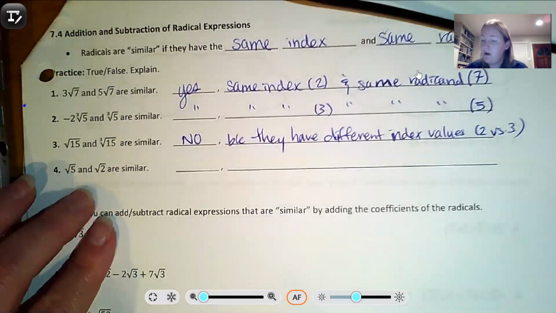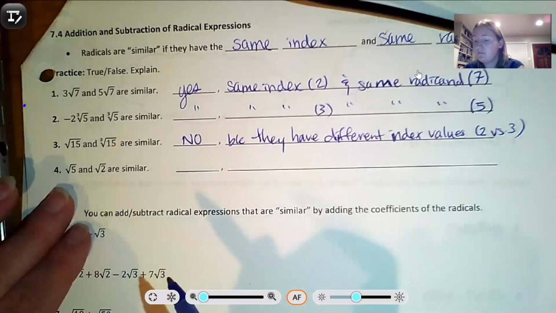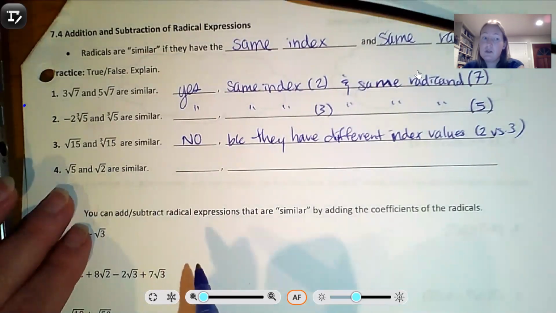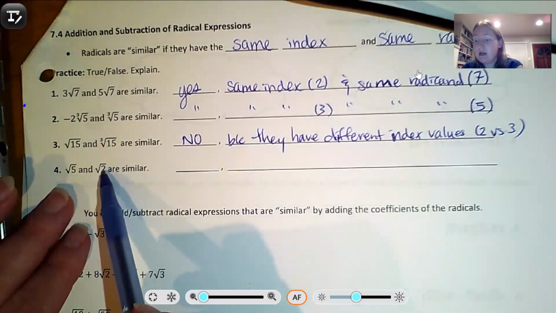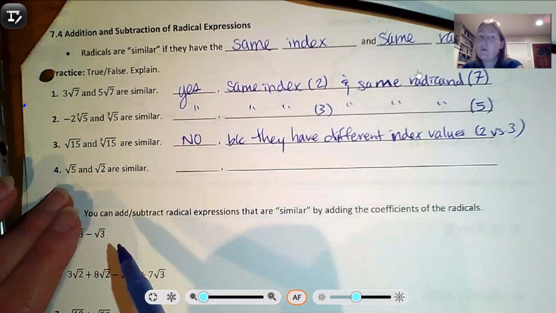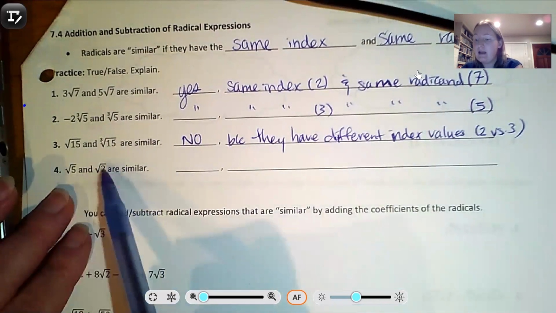Number 4, are those similar? They're similar in the sense they're both square roots, but they're not actually considered similar radicals because the radicands are different.